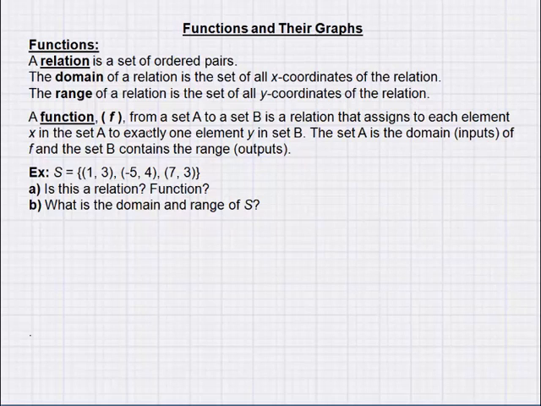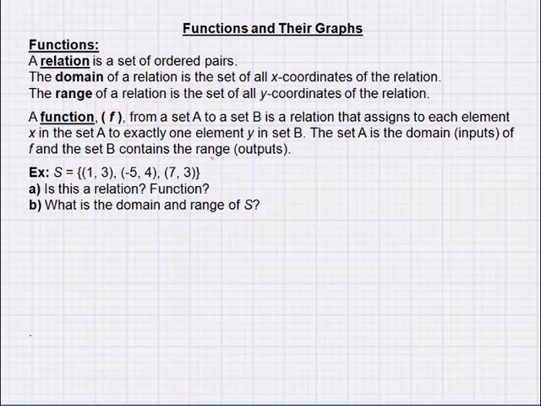So first, the definition. A function from set A to set B is a relation that assigns each element x in the set A to exactly one element y in set B. The set A is considered to be the domain, and the set B is considered to be the range.